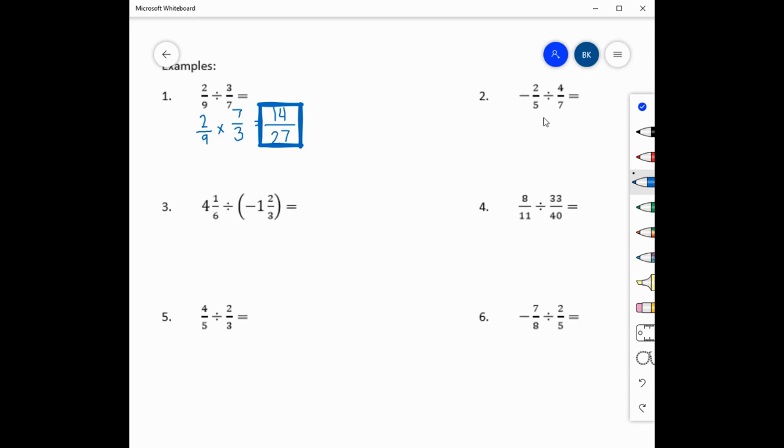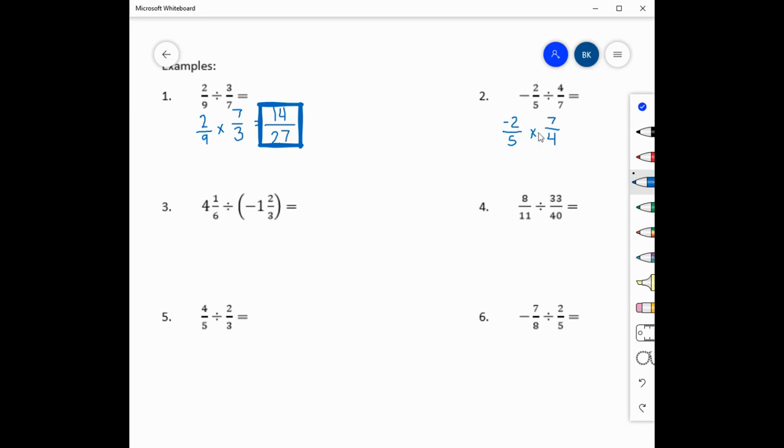Number 2, we have negative 2/5 divided by 4/7. So we're going to keep negative 2/5, change to multiplication, and flip to be 7/4. We cannot, actually we can.